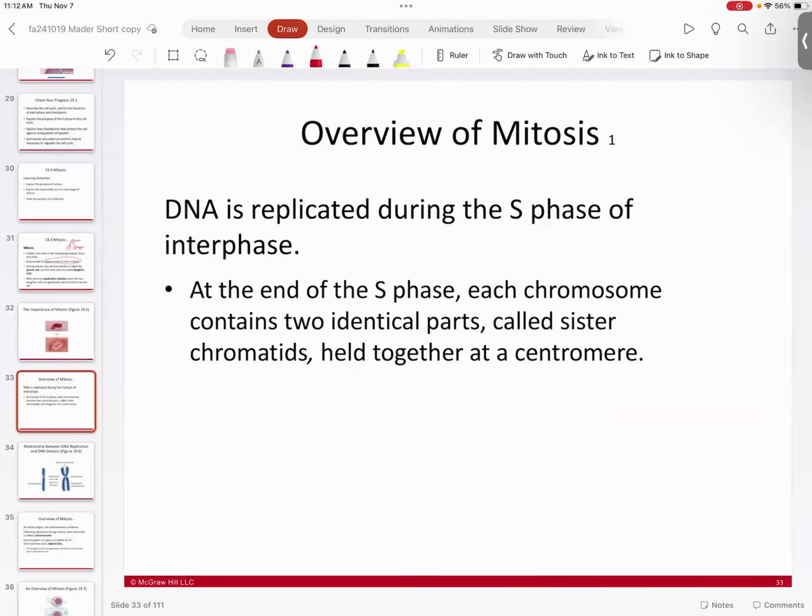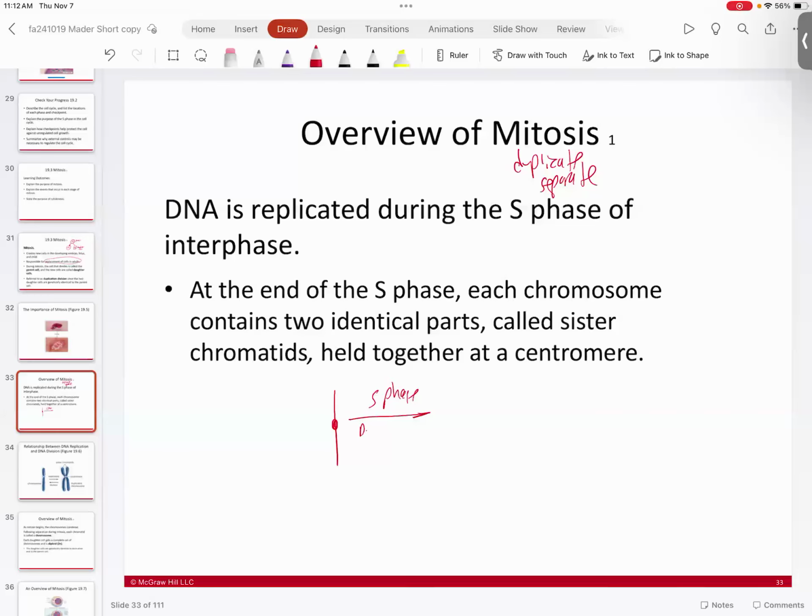Now, when you take a look at mitosis, it all starts by duplication. Remember, the mantra of mitosis is to duplicate and then separate, in that order. The first place you start is the duplication of your DNA. That's going to be happening in the S phase, as your chromosomes go from single chromosomes to two sister chromatids attached by the same centromere.